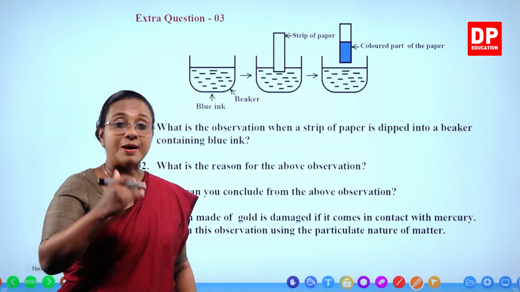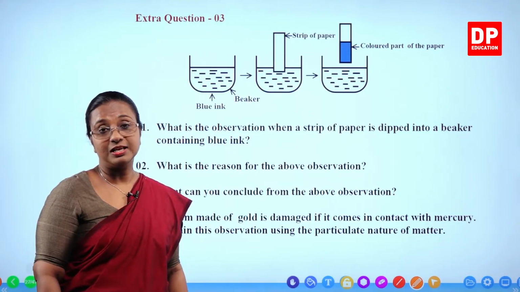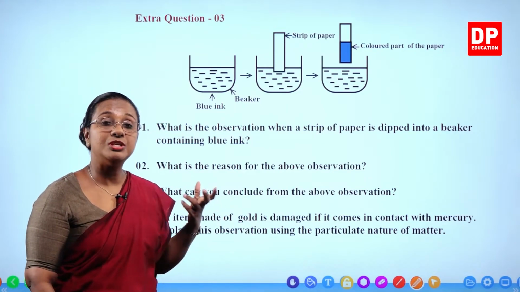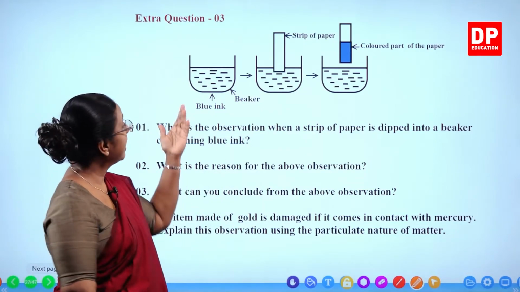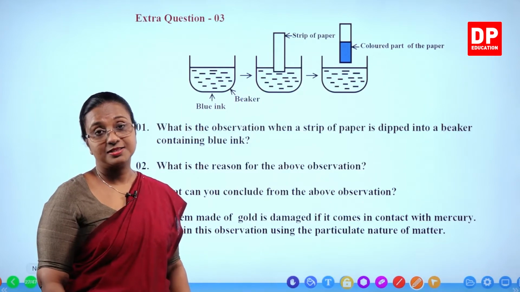They move up, so that's why part of the paper becomes blue in color. This is a simple activity that shows that ink or liquid is made up of particles, as well as paper, which is a solid.